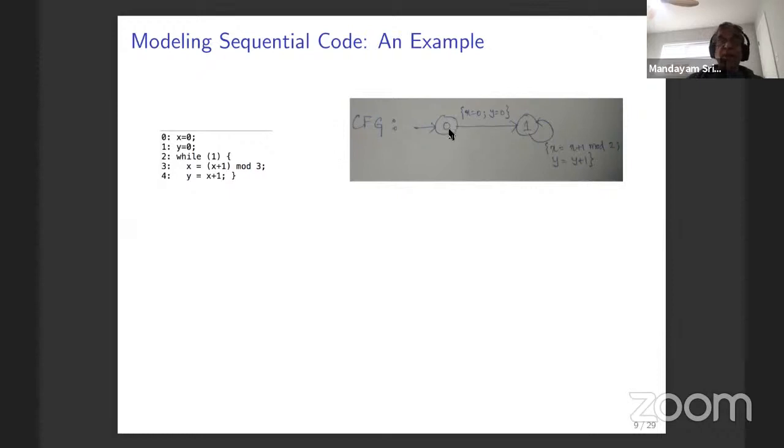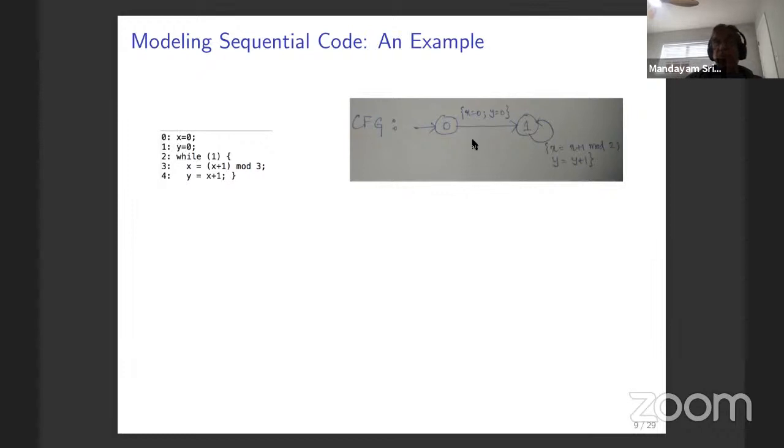So I start with, here what I'm modeling is, what does a transition here correspond to? The program that I've chosen on the left side shows instruction by instruction.